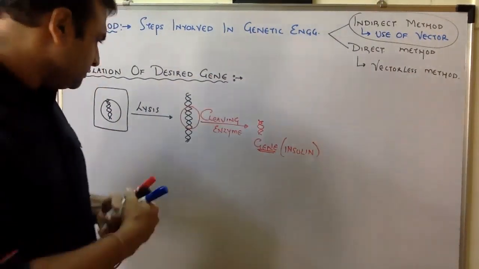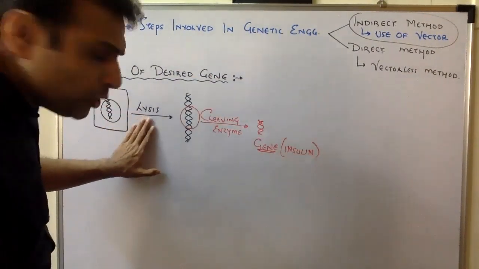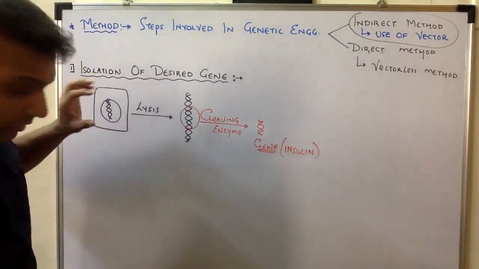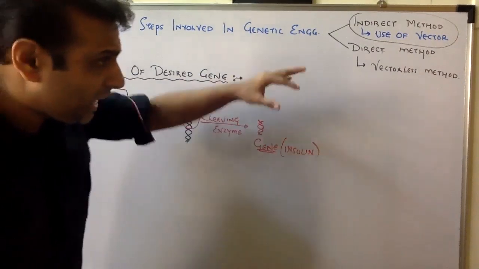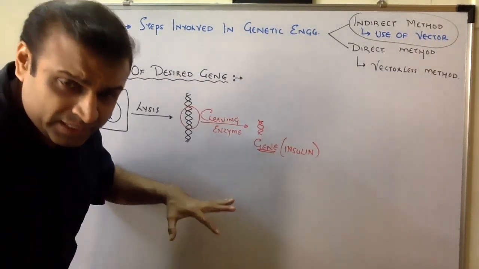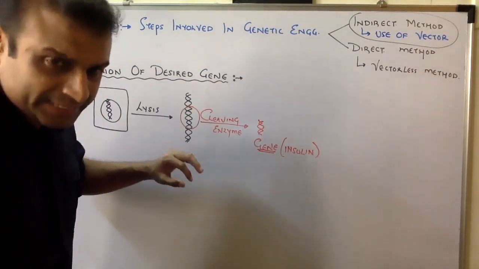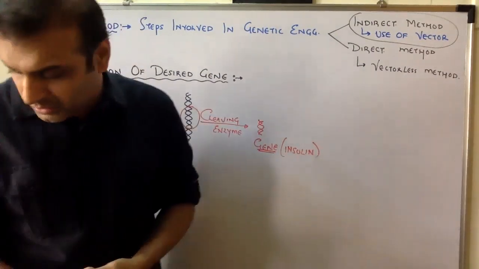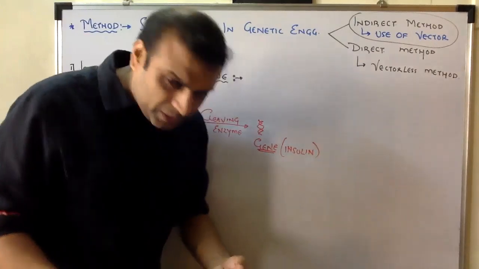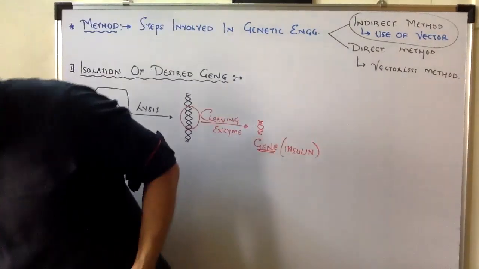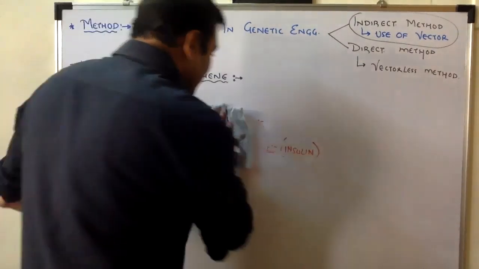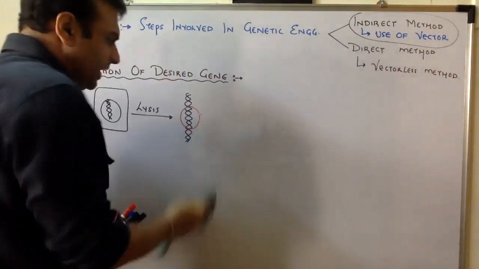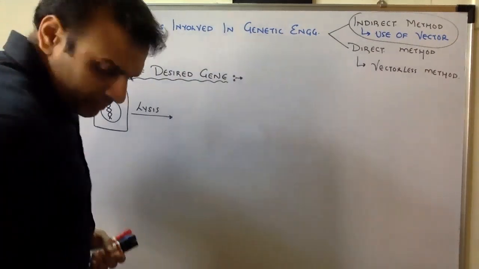Listen. When I use the word lysis, if the donor cell is a plant cell, I told you we will be using cellulases, pectinases, etc. Now the moment you break open the cell, listen up, you will definitely get proteins, carbohydrates, lipids, etc. Forget about the DNA for now.